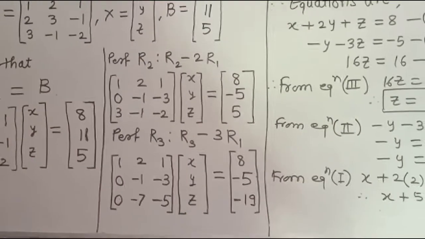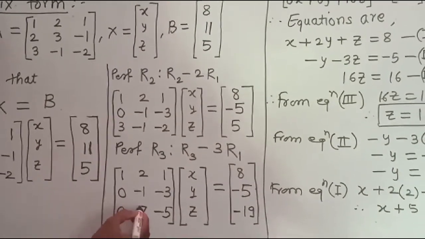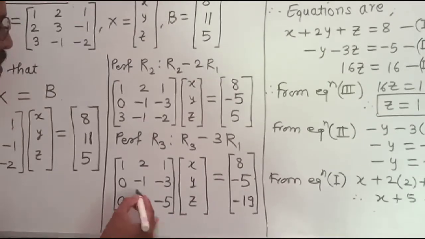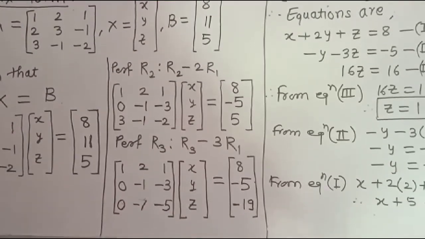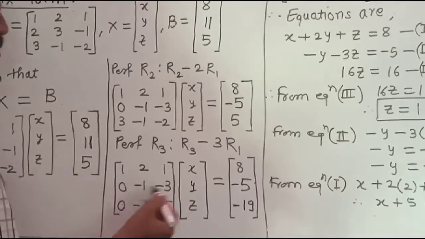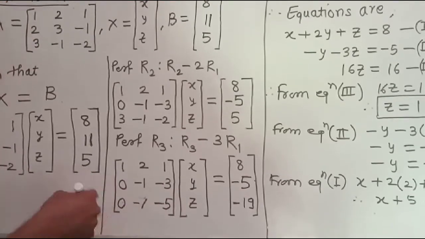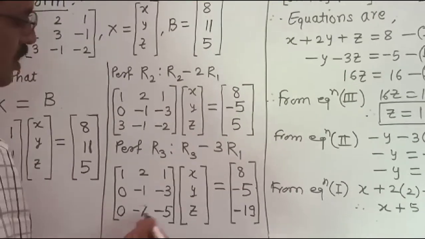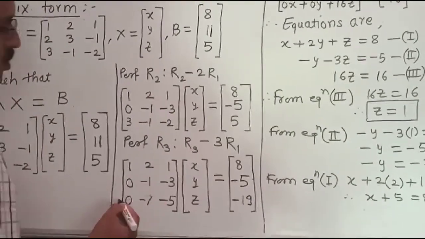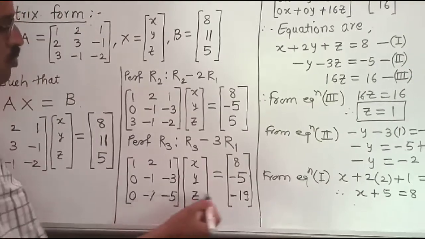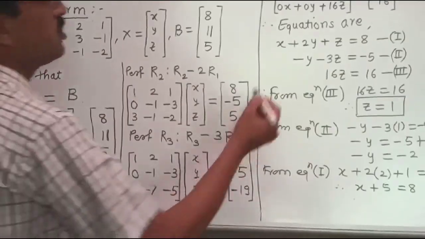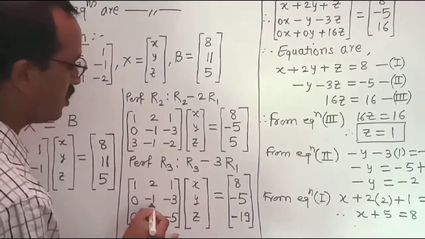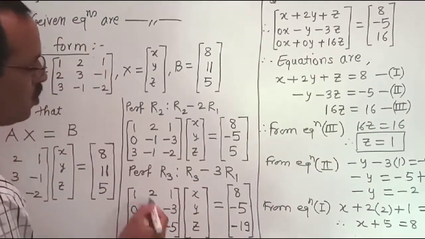Now we convert this element minus 7 into 0. Using R2 and R3, I change this minus 7 into 0. So I write the transformation: perform R3 such that R3 is R3 minus 7 R2.